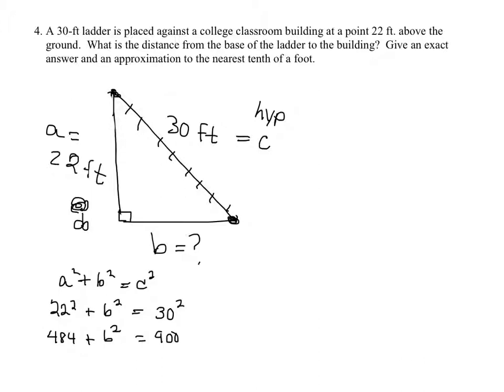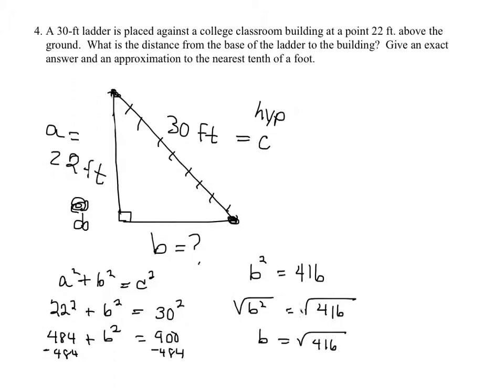Now we are going to subtract 484 from both sides. And we get B squared is equal to 416. And now we have to take the square root of both sides, square root of B squared, square root of 416. So B is equal to the square root of 416. That's an exact answer, but the approximation is probably a lot easier to understand.